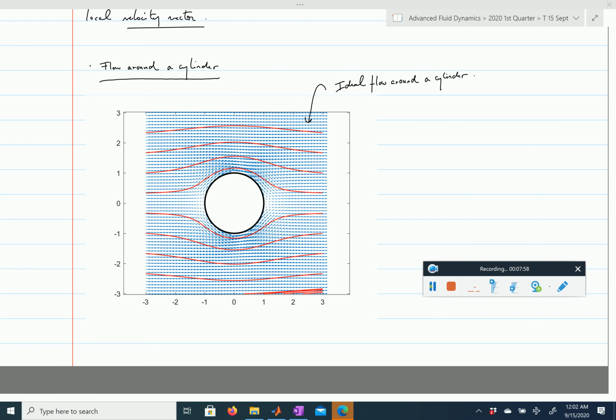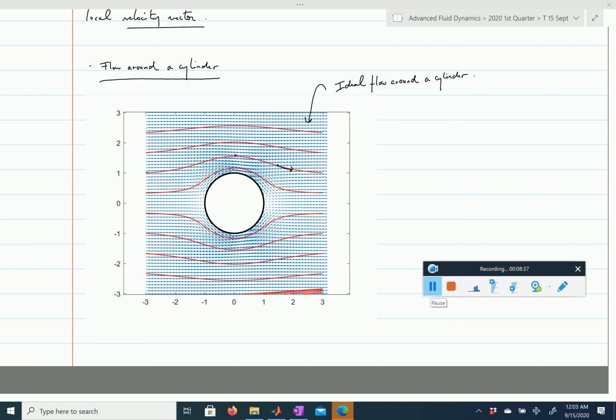The blue arrows here represent the velocity field, and the red lines, the red curves, are streamlines, and as you can see at every single point here, the streamline is tangent to the local velocity field. So here the velocity field is horizontal and the streamline has a horizontal tangent, and you can see it well here, for example, the streamline is tangent to the local velocity field.